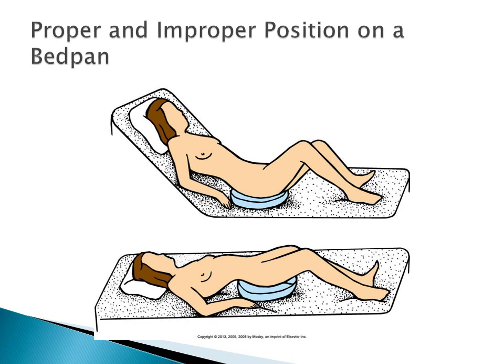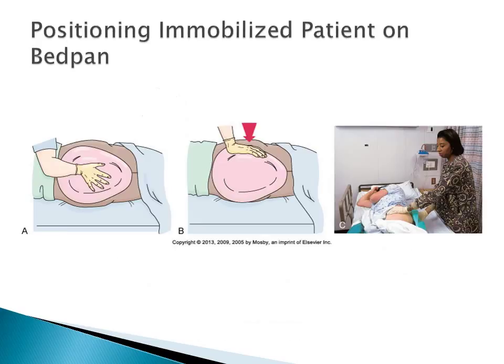This picture here is just showing you good positions to put your patients in when they're mobilized and they have to use a bedpan. Obviously, the proper one is the top and the improper is the bottom. It'd be very difficult for your patient to have a bowel movement in that position. This one here is just showing you how we would put the bedpan and remove it.